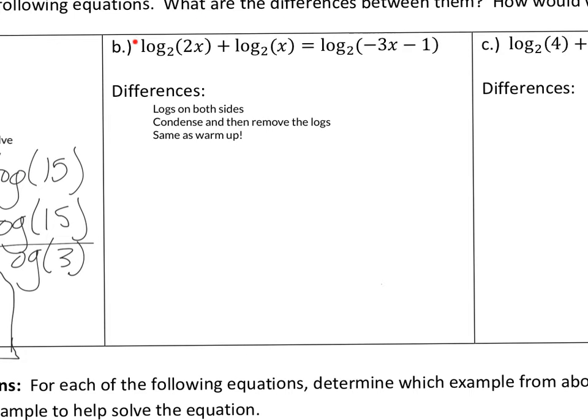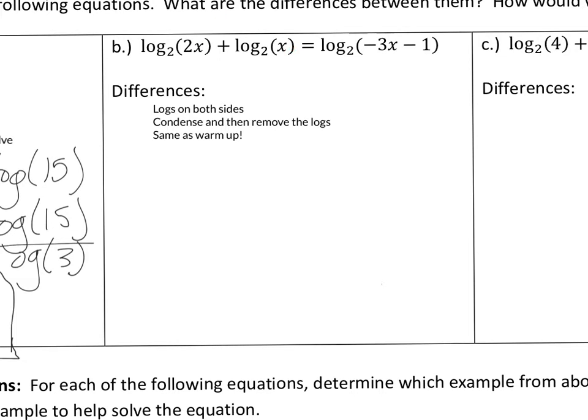Okay, so for part B, this log is exactly like the warm-up. So we have logs on both sides. We're going to condense and then remove those logs like we did yesterday and on the warm-up. So nothing really new here. Since I'm adding two logs together, I'm going to multiply their insides.